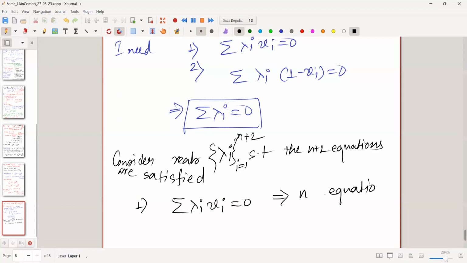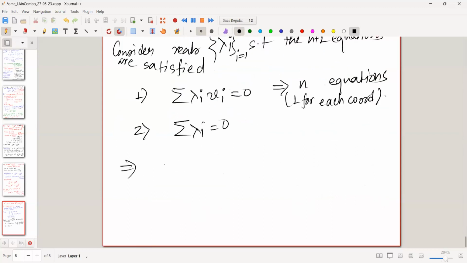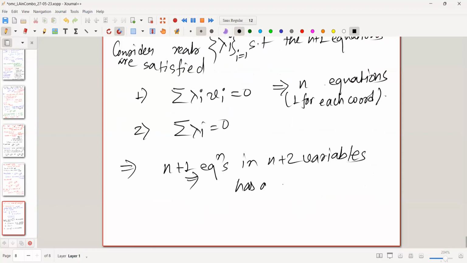This gives me n equations, one for each coordinate. And the second equation I choose is the summation of lambda_i equals 0. So this is n plus 1 equations in n plus 2 variables, so it has a non-trivial solution for sure.